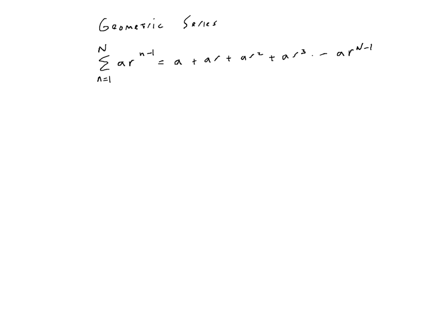And if you sum up the entire series, this is going to become a times 1 minus r to the n over 1 minus r. Now, does this series converge or diverge?